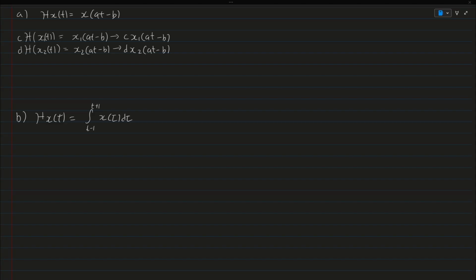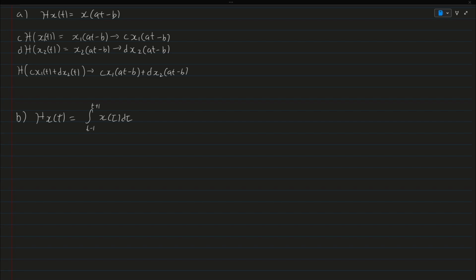Okay, so we get this, and now we have to pass c x1 of t plus d x2 of t into the system h. What do we get? We get c x1 of at minus b plus d x2 of at minus b.